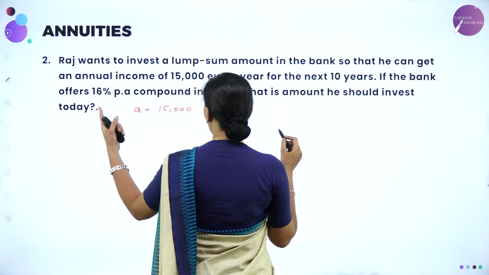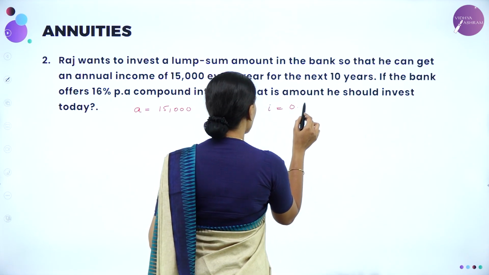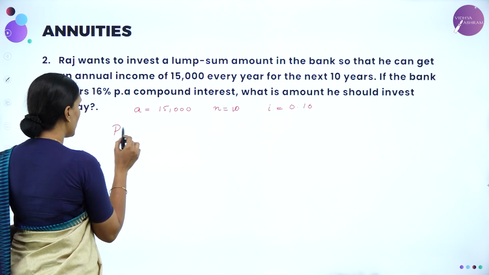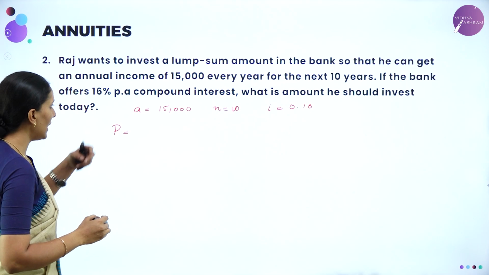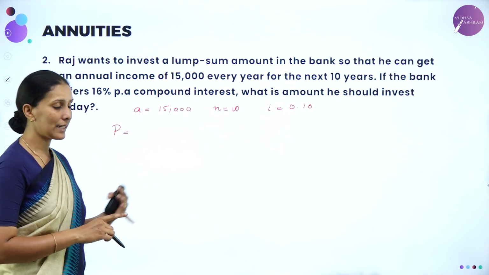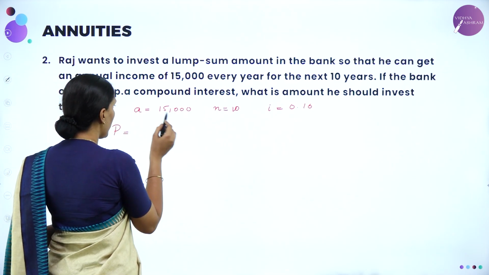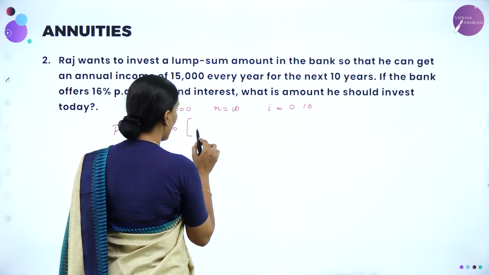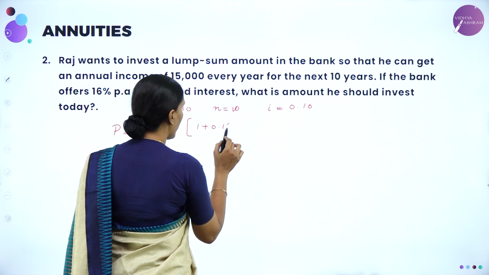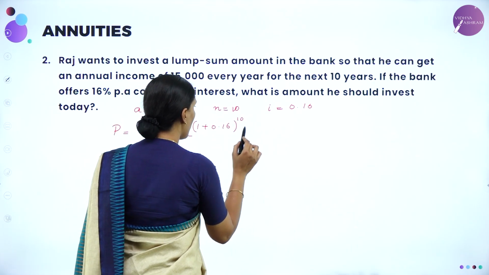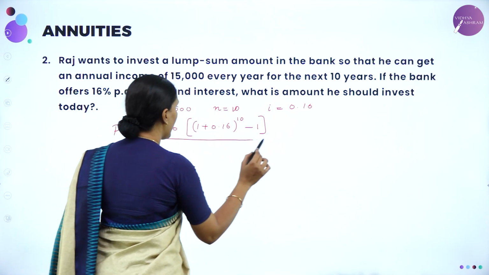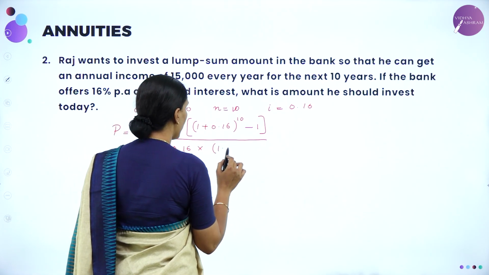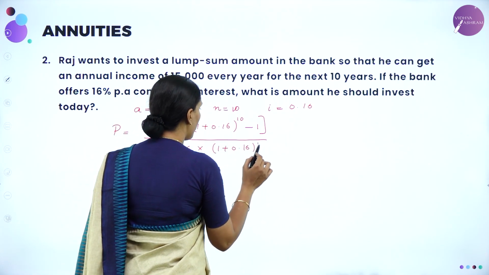The rate of interest given by the bank is 0.16, that is 16%. We need to calculate the present value that he should invest so that he'll get 15,000 every year for the next 10 years. So therefore this is equal to, using the formula, A into (1 plus I)^n minus 1, whole divided by I into (1 plus I)^n, that is (1 plus 0.16) to the power 10.